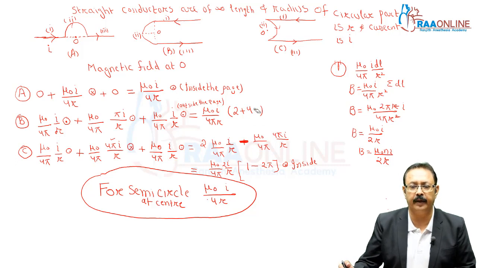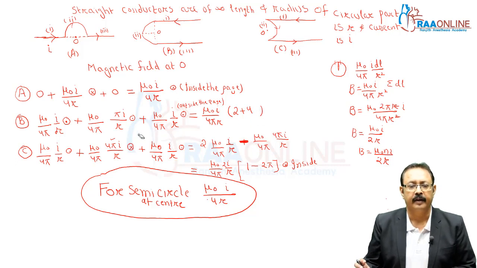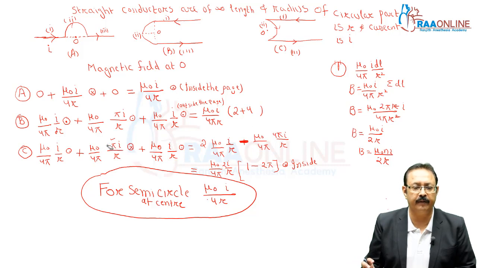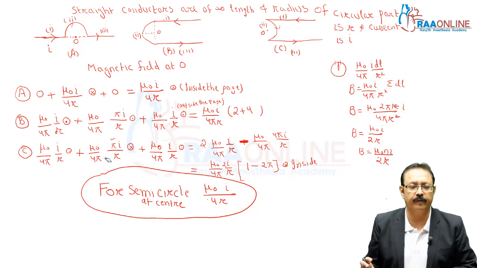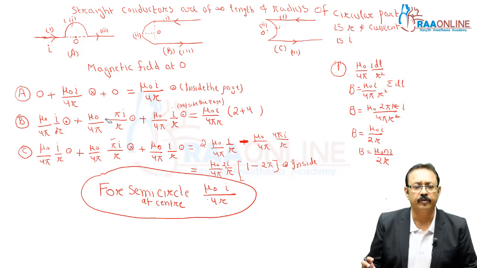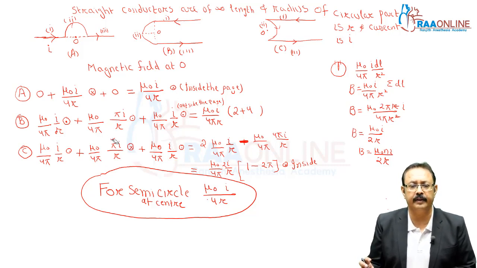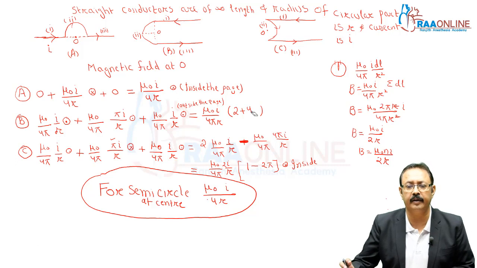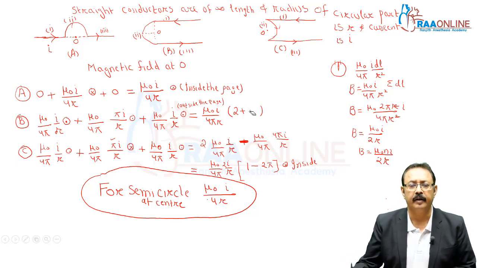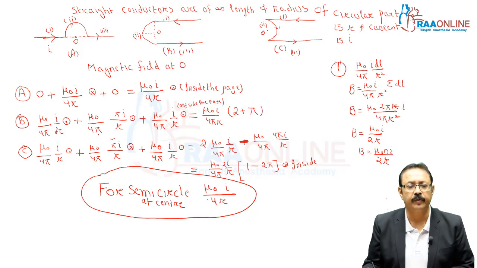In this case we only multiplied by pi, 4 was there. So it should not be 4, it should be pi. It should be pi.